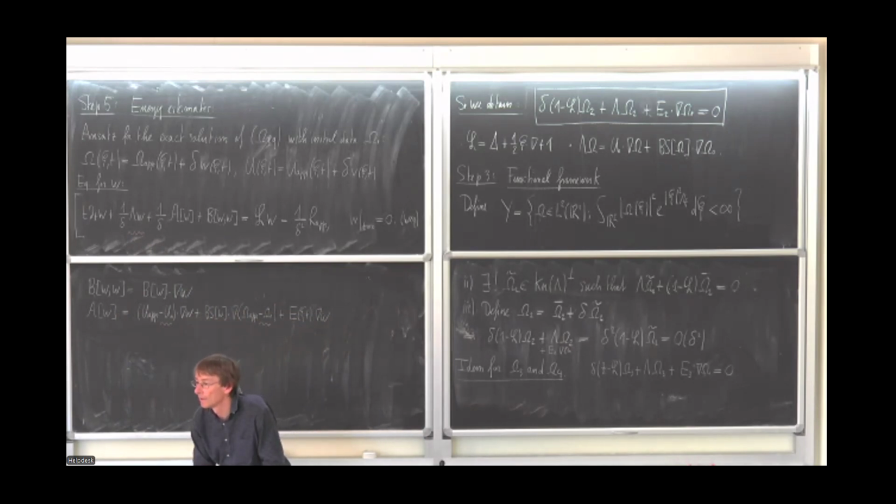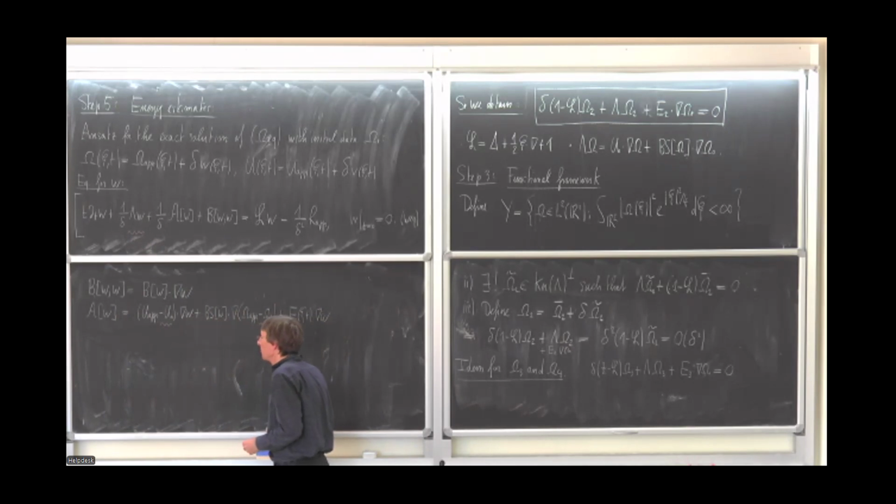Yes, is there some one over delta? No, okay, very good question. This is what I wanted to explain. Yes, there should be 1 over delta in front of the nonlinearity, and this is a problem for me because 1 over delta in front of the nonlinearity I don't like. The only way I have to control this is to assume that everything is very small.